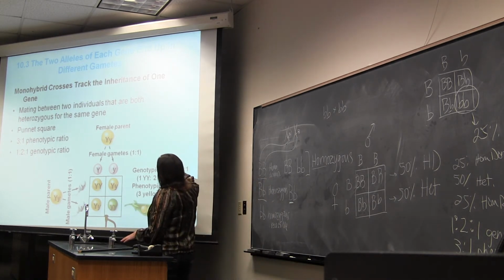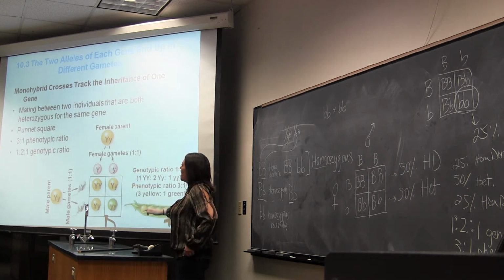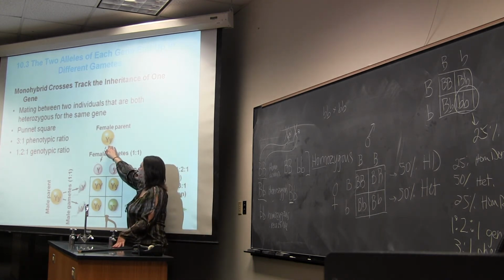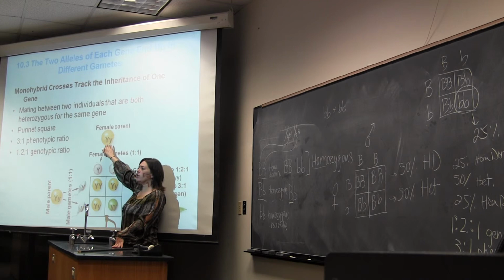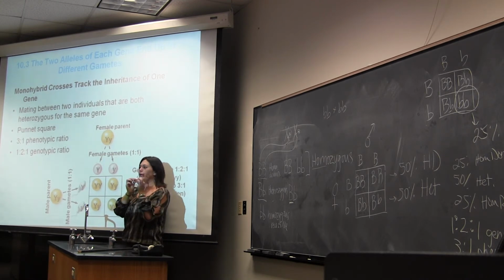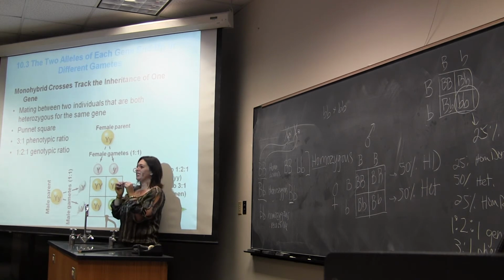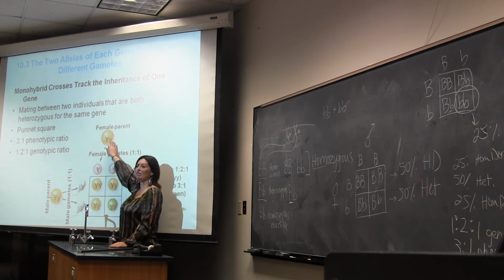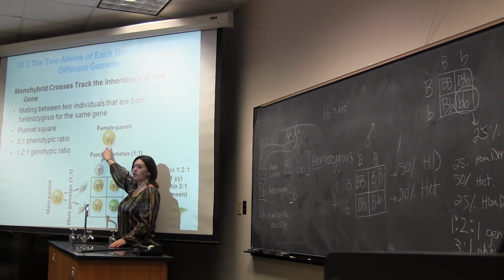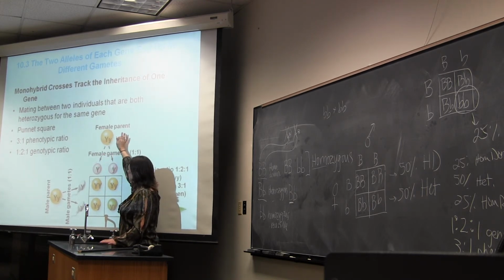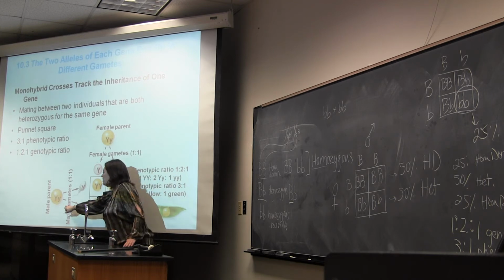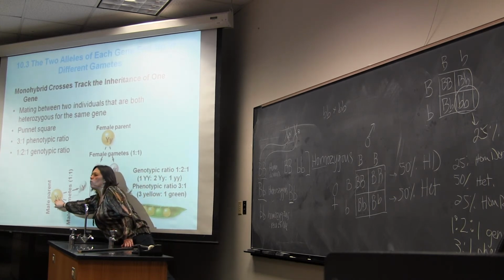So what he did, he took a heterozygous yellow pea, and yellow is dominant to the green pea. I'm used to seeing green peas, but that's actually a recessive trait. So the dominant pea color is actually yellow. He's taking a heterozygous, big Y, little y, and crossing that to another heterozygous, big Y, little y.